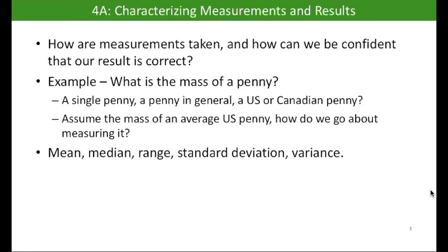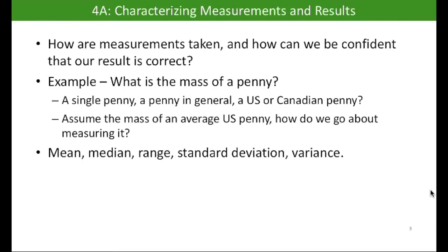If we assume it's the mass of an average US penny, then the question is, how do we go about measuring that? Clearly you can't take every single penny in circulation, weigh them all, and then average the billions of pennies that are out there.